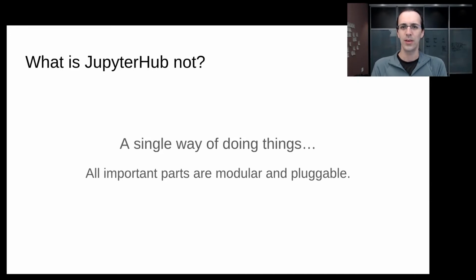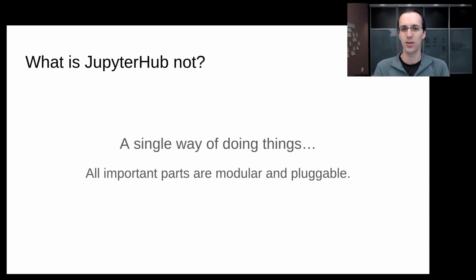So now we get to the entertaining part. What is JupyterHub not? It's not a single way of doing things. There are authenticators against the local system, for example Unix PAM. There are authenticators against GitHub OAuth, a local password database that actually is inside the hub, unlike most of these, and so on.